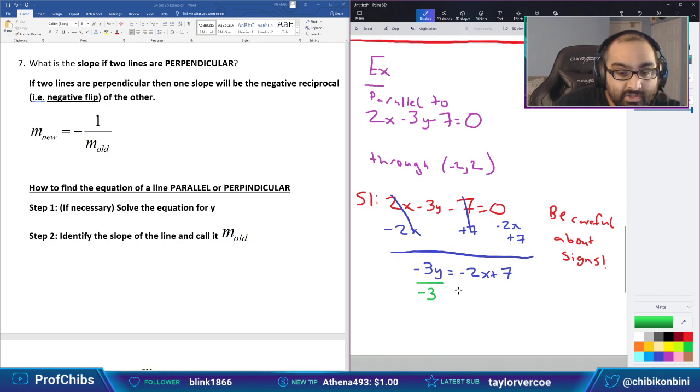So when you're doing both sides, you want to divide everything by -3. So this guy by -3 and this guy by -3 as well. That's what we want here. It's easy to see if I do minus 2x plus 7 and divide it all by -3. But in reality, what we should be aiming for is divide everything by -3. So not just one number, it's all the numbers.